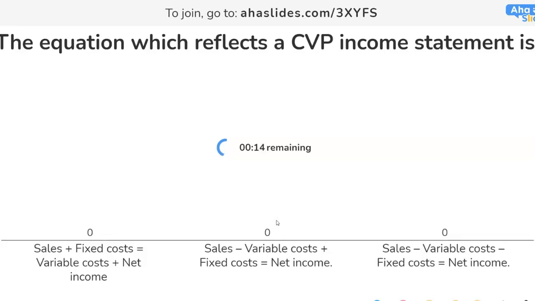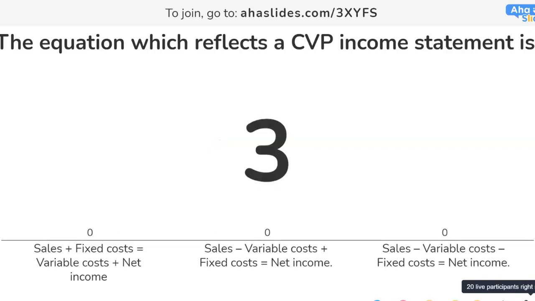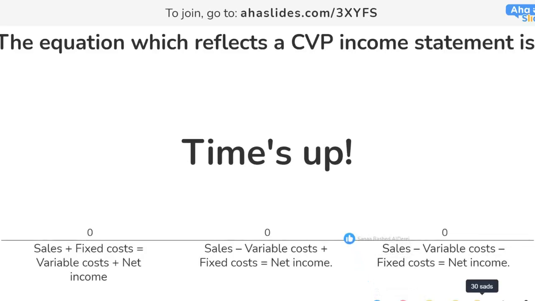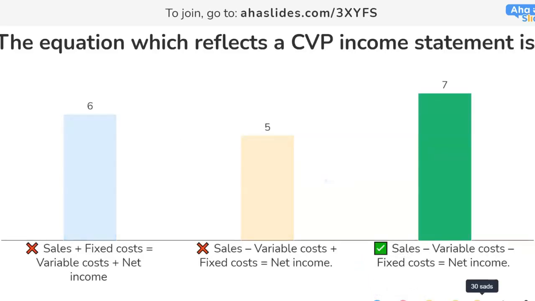Which formula is the formula for the CVP statement? Do I have 17 voters? Oh, I see. 30 sad people. Oh my goodness. No, the formula, my dear friends, is sales minus all the costs. The costs are variable or the costs are fixed. That's what gives me net income.